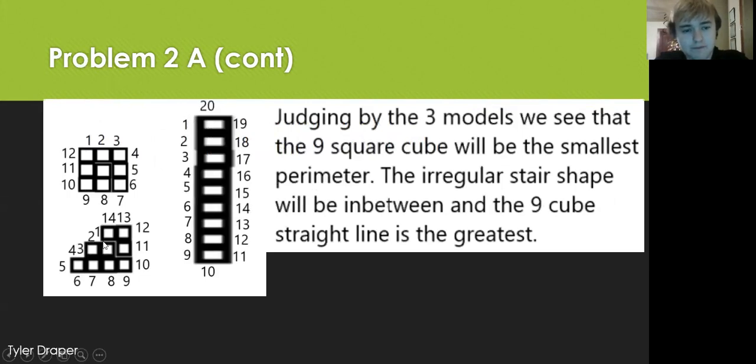Now, let's look at my mouse again. We can identify that the cube is going to be the smallest possible perimeter that we can get from using 9 cubes. When we look at this irregular shape here, such as the stairs, I've made a little model here. We have 1, 2, 3, 4, 5, 6, 7, 8, 9, 10, 11, 12, 13, 14.